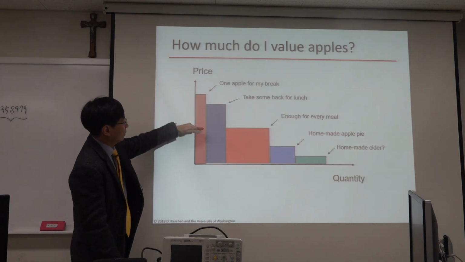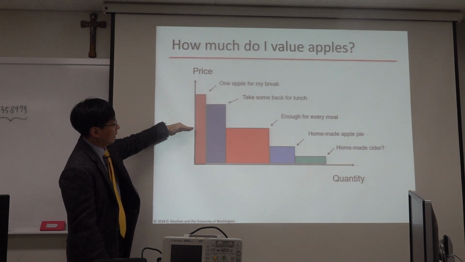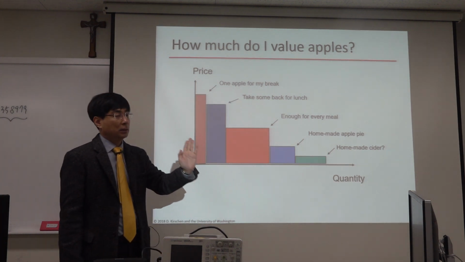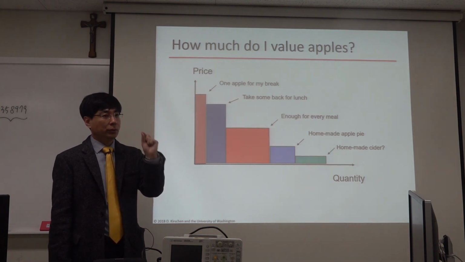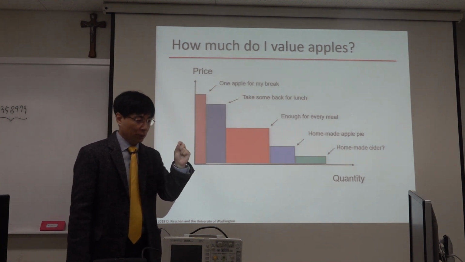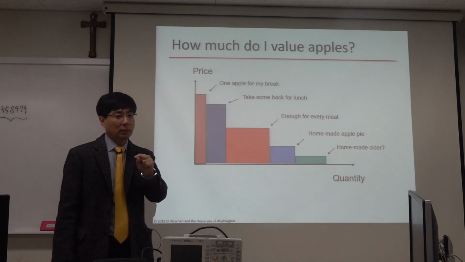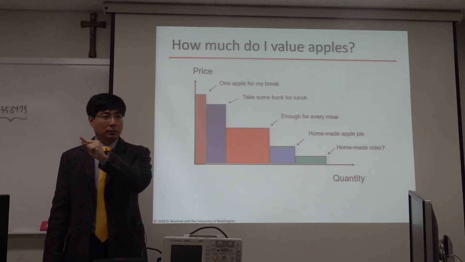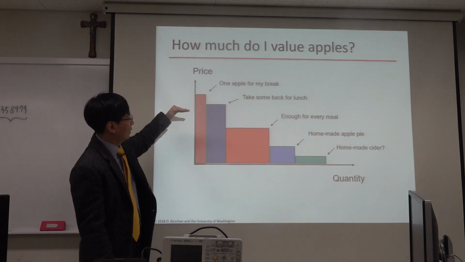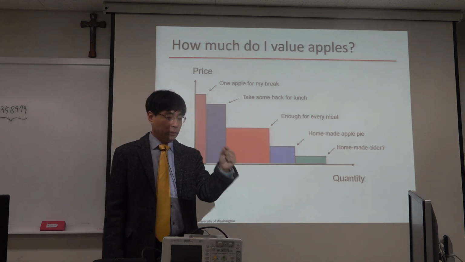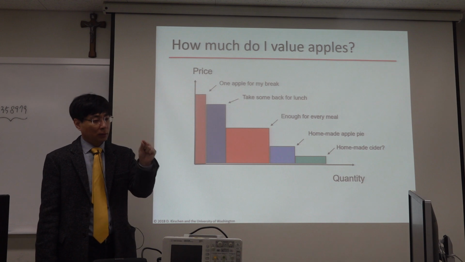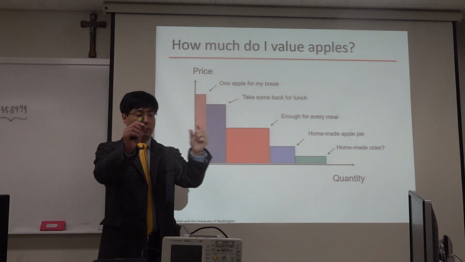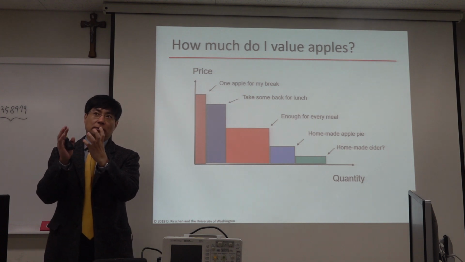That means if the price is this much, then you buy at most this much of apple, because the marginal utility you get when you buy that apple is equal to the price. Okay? So when there is a price, you purchase that good if the marginal utility, which means that when you buy one more, you get that amount of utility.